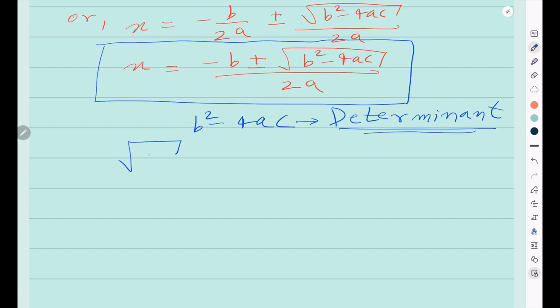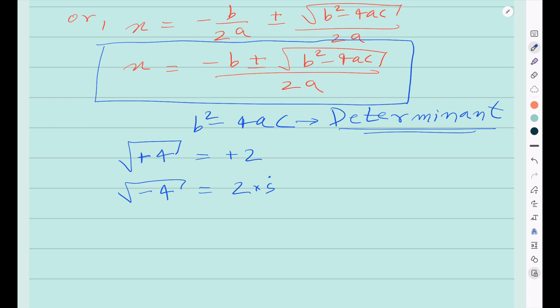And one thing you know is that we can only find the square root of positive numbers, like we can find the square root of plus 4, which will be plus 2, but can you find the square root of minus 4? No, you cannot find it. It becomes an imaginary number. We don't read it in class 10, it's in class 11 or 12.